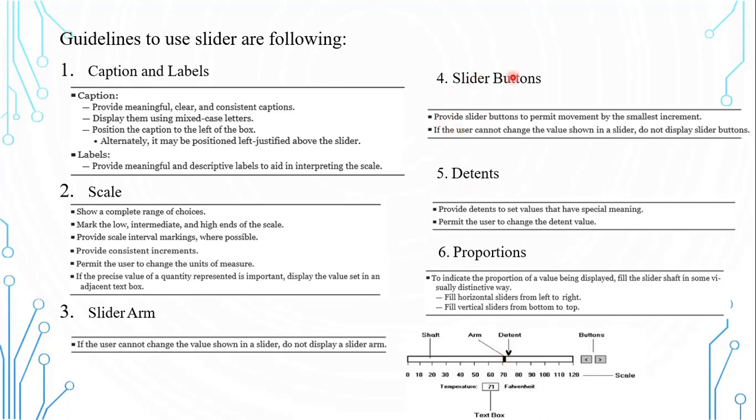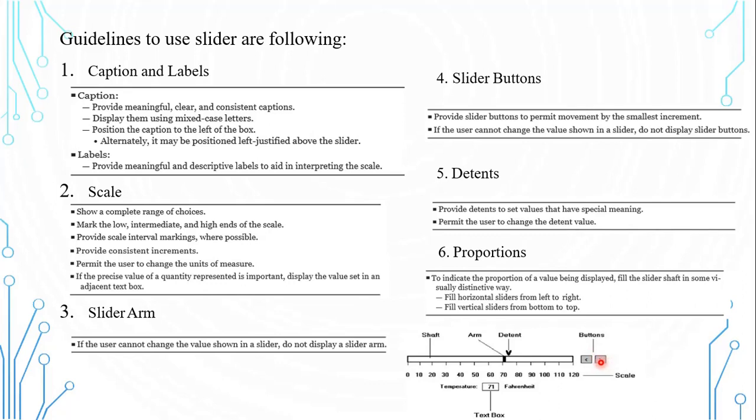Next, we have slider buttons. Provide the slider buttons to permit movement by smallest increments. So you can provide the buttons along with the slider. Suppose if you want to show smaller increments, the user can use the buttons.